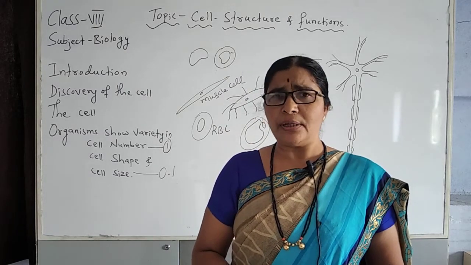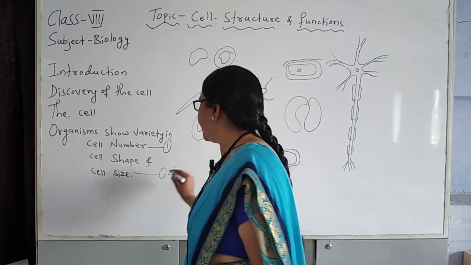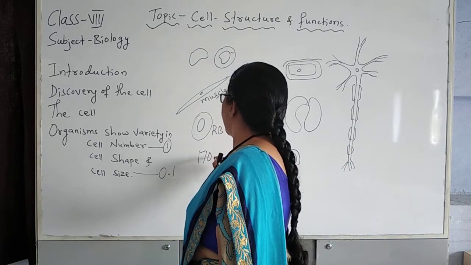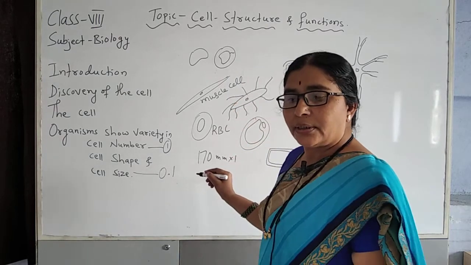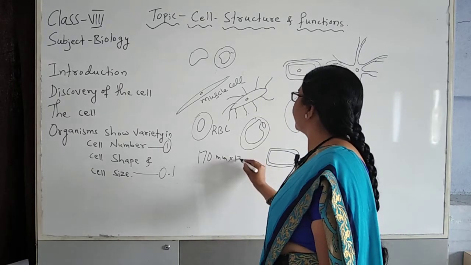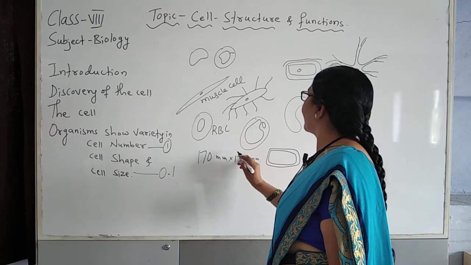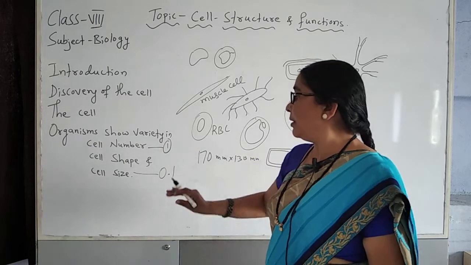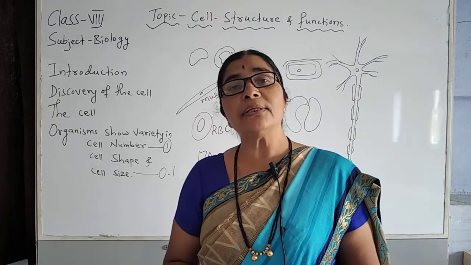And the biggest cell in the world is the ostrich egg cell. It measures about 170 mm by 130 mm. The largest cell is the ostrich egg cell and the smallest cell is the bacteria cell.